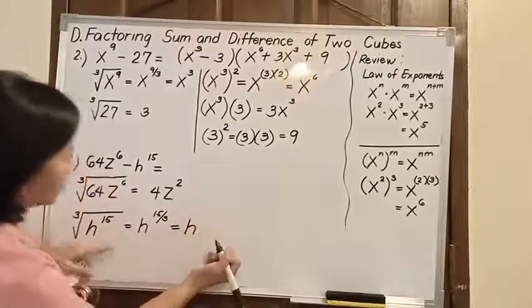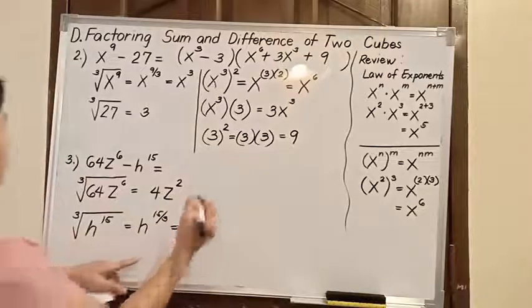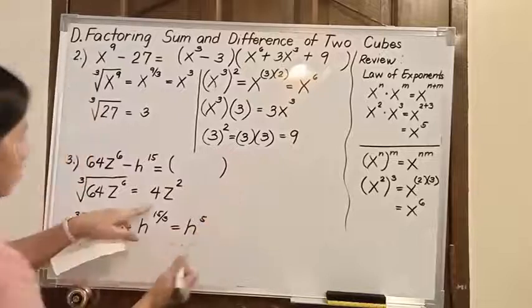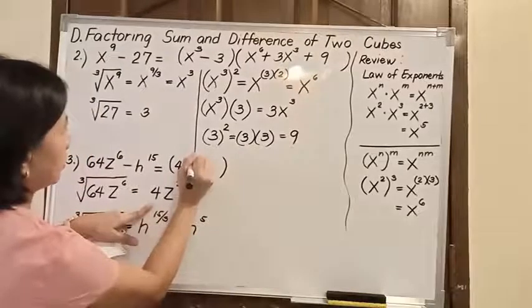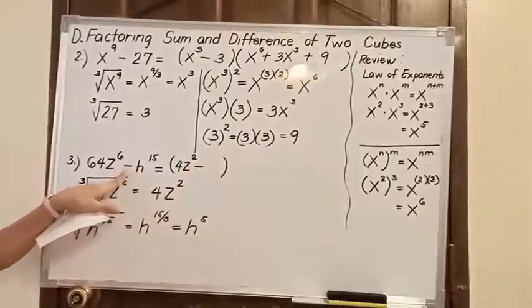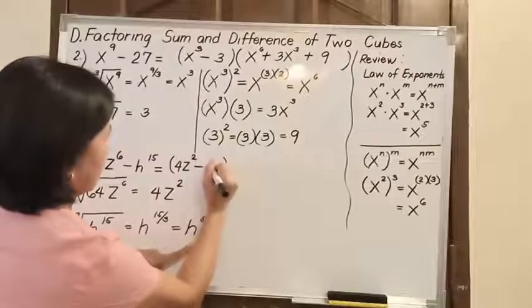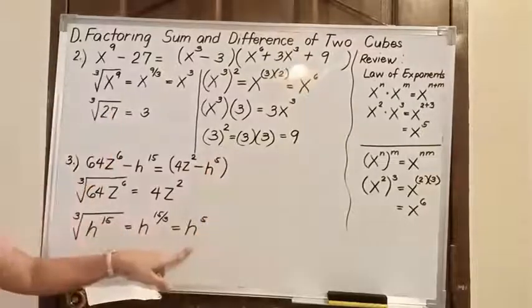We have h raised to the 5th power. So, for our binomial factor, we have 4z squared. Then, copy the sign, that is minus. Next term should be h to the 5th power. Okay.